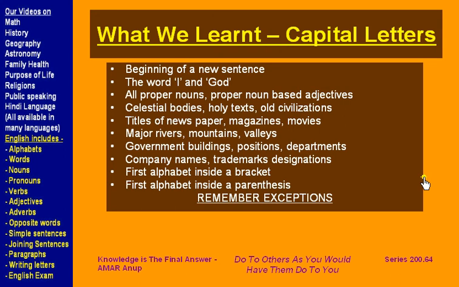Titles of newspapers, magazines, movies: first alphabet is capitalized. Major rivers, mountains, valleys: first alphabet is capitalized. Government buildings, positions, government departments: capitalized. Company names, trademarks, designations: capitalized. The first alphabet inside a bracket and inside quotation marks is also capitalized. Always remember the exceptions. We discussed those exceptions throughout this discussion.